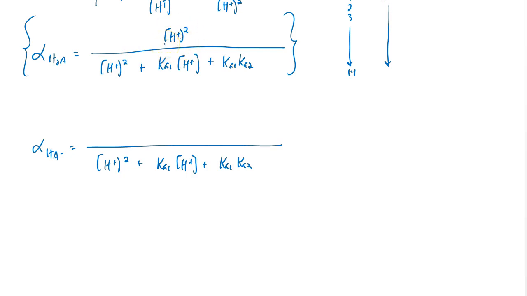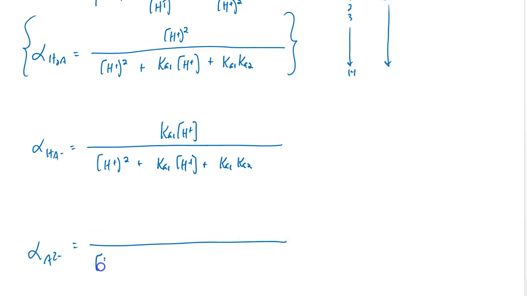Well, which term do you think is going to be in the numerator for the fraction of the intermediate form? It'll be this second term, Ka1 times H plus, and then a very similar equation for the fraction of the unprotonated form.